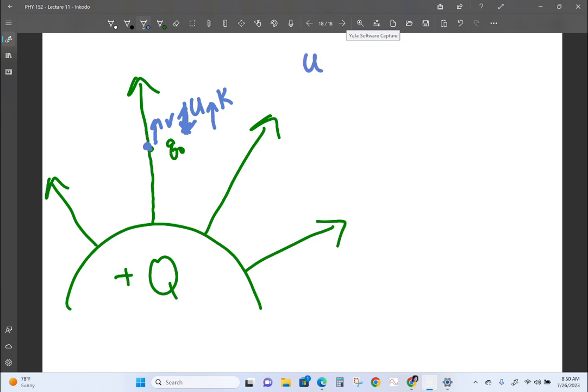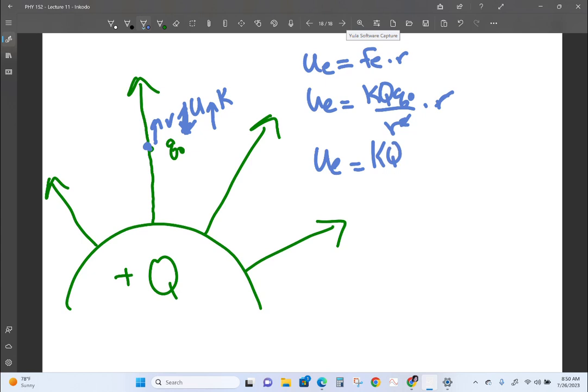Electric potential energy is going to be equal to the force that's acting on it, F_e, times the distance that it moves, r. And if we put this in our formula, F_e is k, big Q, times Q naught, all over r squared, times r. So U_E is going to be k, big Q, Q naught, all over r, or it's going to be F_e times r, either way.